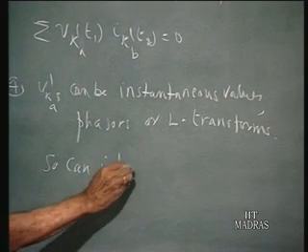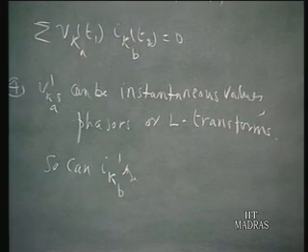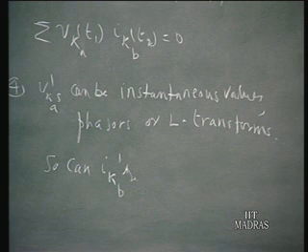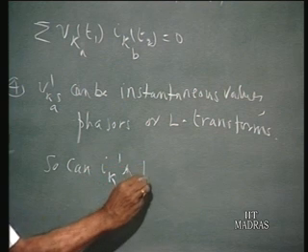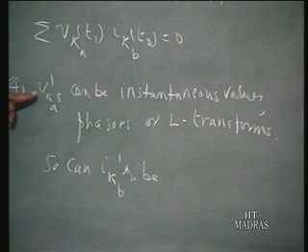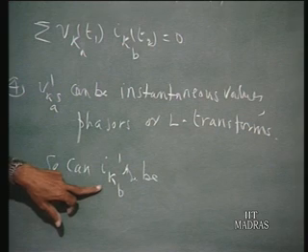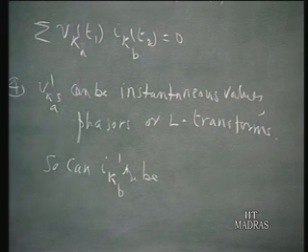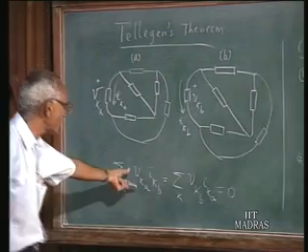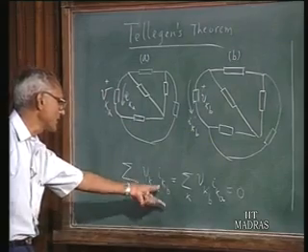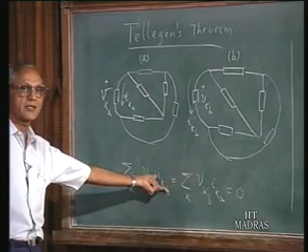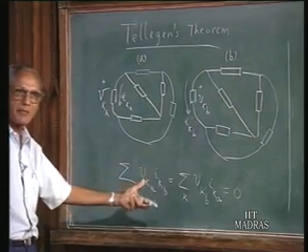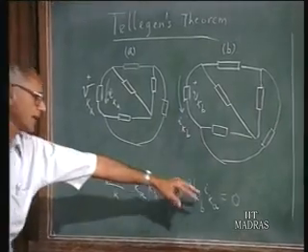So that means all the VKs can be either instantaneous values, phasors, or Laplace transforms, and so can IKs be. And it is not necessary that if you choose the set of VKs as Laplace transforms, IKs also should be Laplace transforms. The surprising thing is I can multiply the Laplace transform of voltages by the instantaneous values of currents in the second network. They have no physical meaning, the product, but still this is 0.